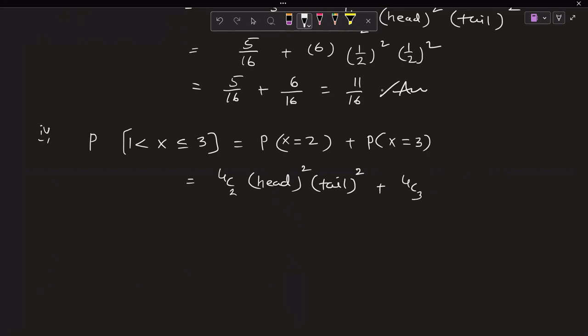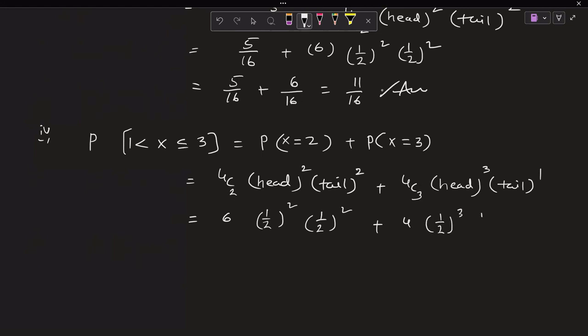Out of 4 coins, select 3 coins, 4C3, and those 3 selected coins show heads. But we tossed 4 now, so 1 coin shows tail. 4C2 means 6, head probability 1 by 2 square, tail probability 1 by 2 square. 4C3 is 4, head probability 1 by 2 cube, tail probability 1 by 2 power 1.